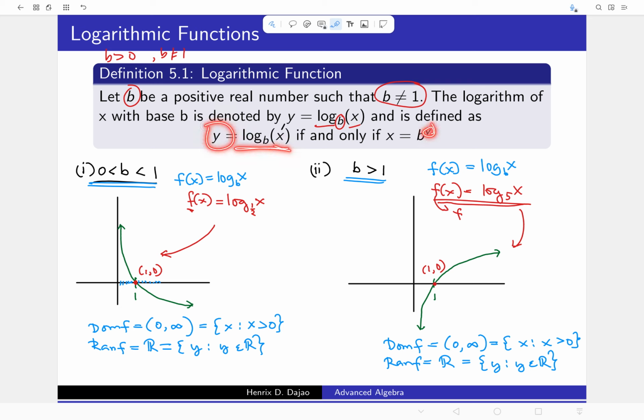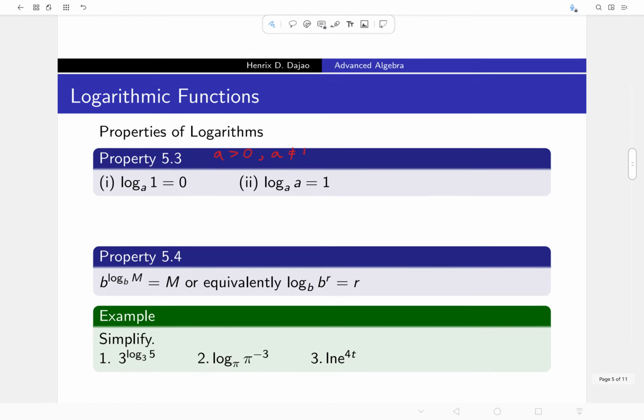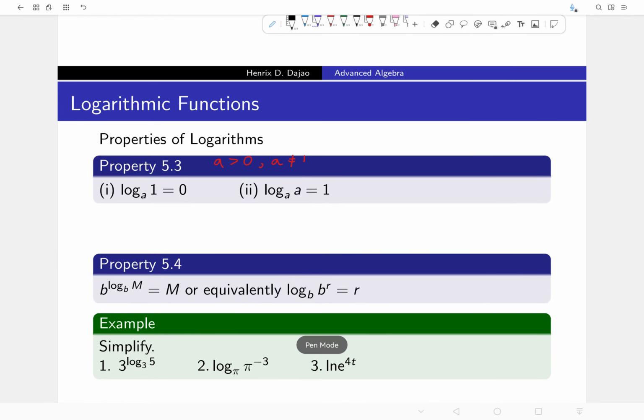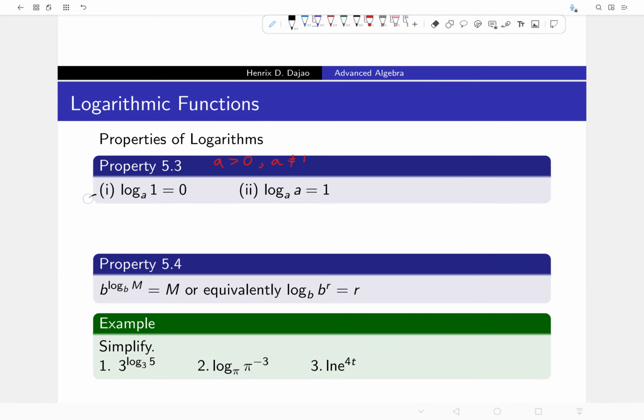To be able to explain why the logarithm of 1 with base a is equal to 0, just simply convert it to its equivalent, which is a with exponent 0 is equal to 1.